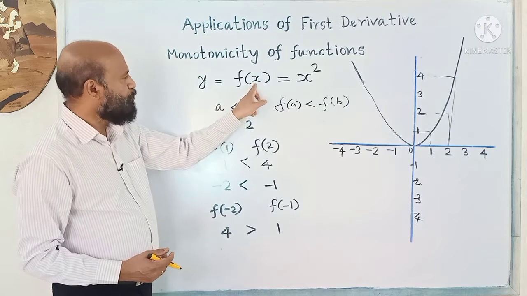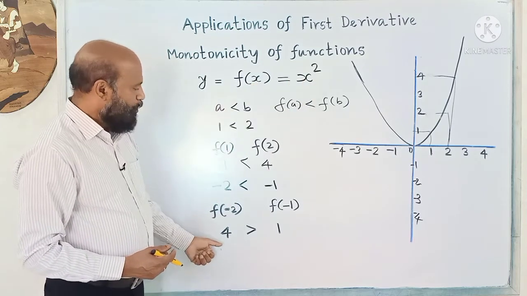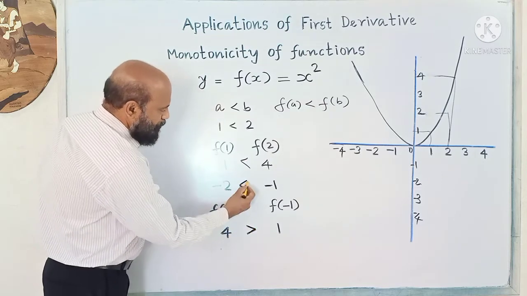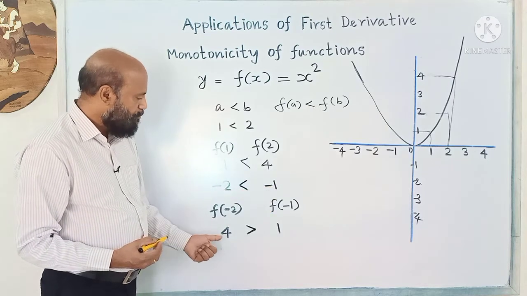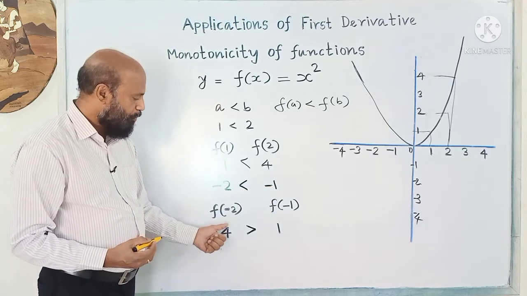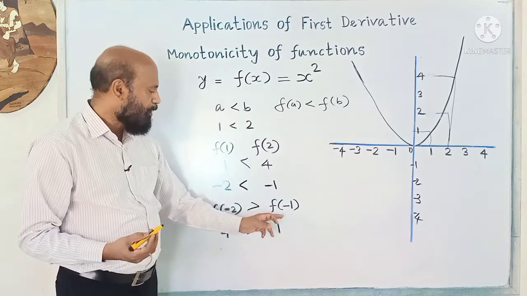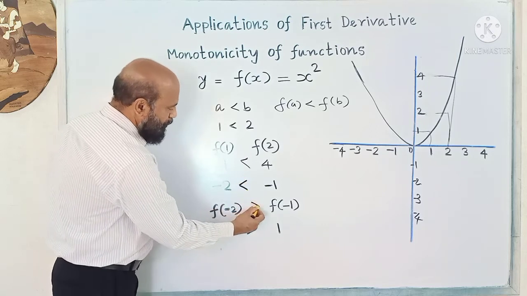F of minus 2, for this x if you put minus 2 square is 4. So you can see order is not preserved. Here minus 2 is lesser than minus 1, but f of minus 2 is greater than f of minus 1. So here in the x values the order is one way, but in the function values order is not preserved.